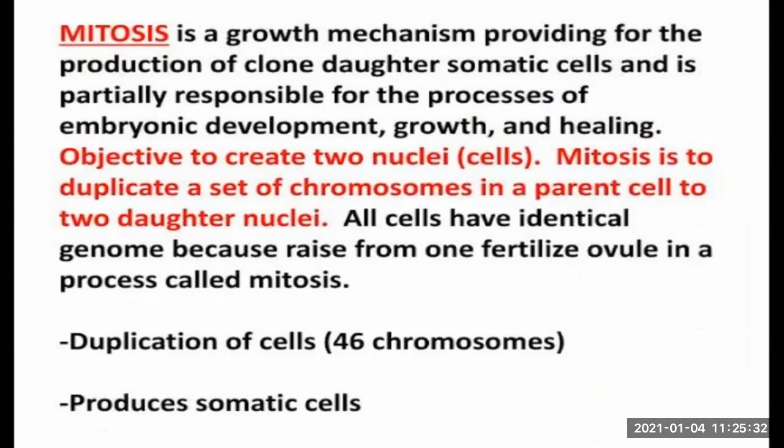From cleavage, the number of cells that we are getting is just because of mitosis. The objective is to create two nuclei. Mitosis duplicates the set of chromosomes in the parent cell into two daughter nuclei. All these cells have an identical genome because they arise from one fertilized ovule by the process called mitosis. Then the duplication of the cells also produces the somatic cells.